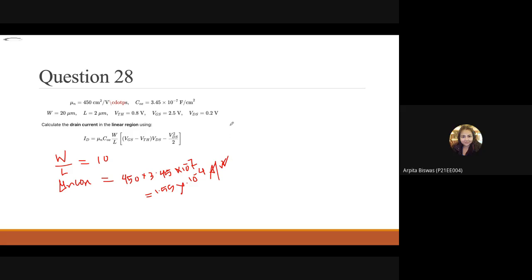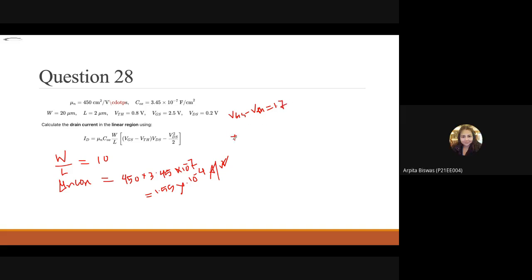So what is the value of VGS minus VTH? It is 1.7, right? Yes, 1.7. Just put all these things in the equation for ID. Now tell me what is the value of this ID.